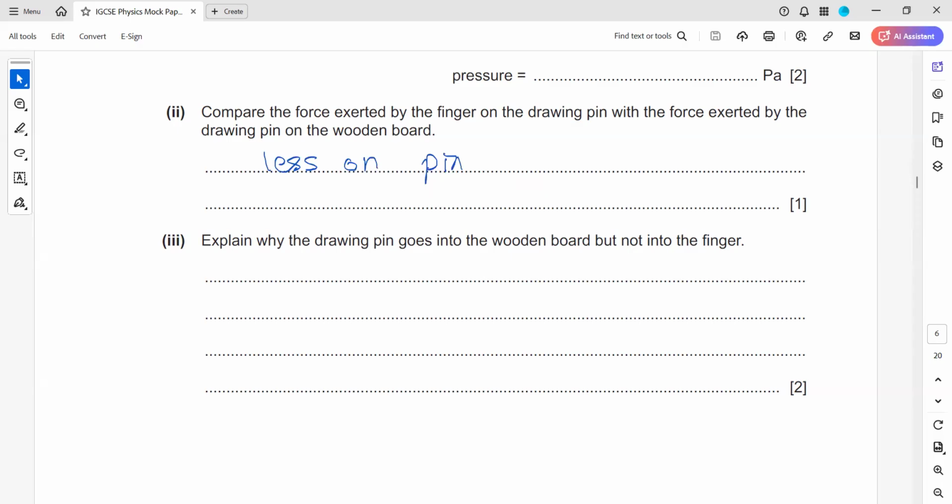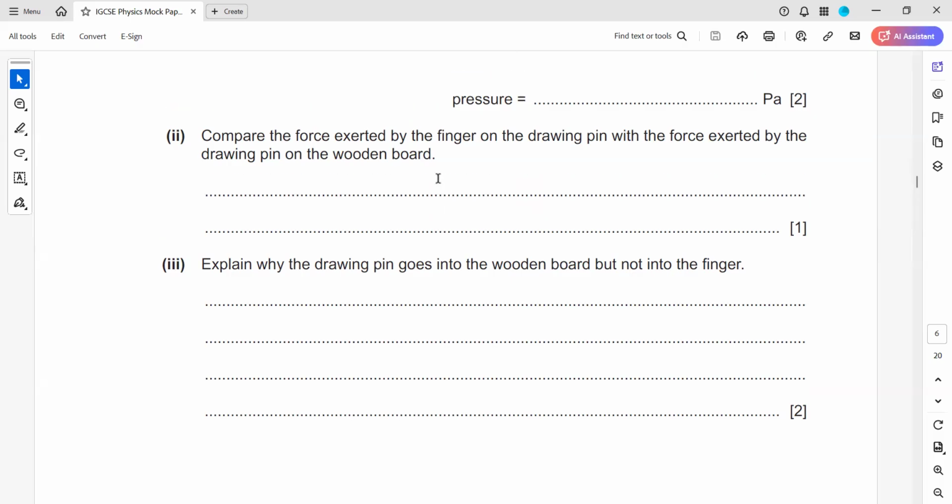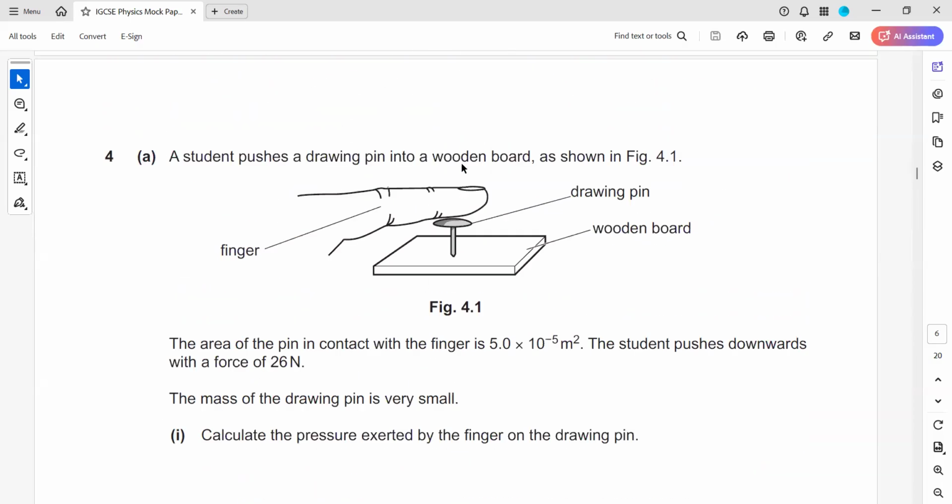The force will be the same. Let's say if I push something with a force of 5 Newton, how much force will the pin apply? The pin will also apply a force of 5 Newton. So the force will be the same.